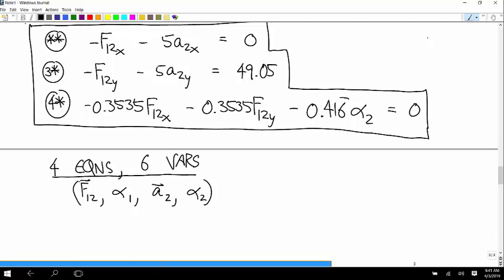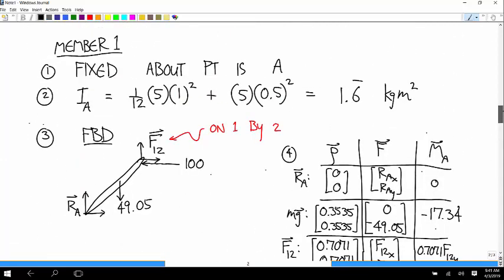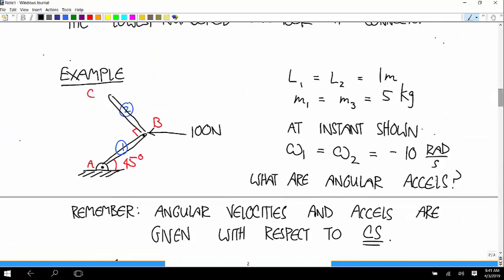Well, the way it's always going to work out is how many joint constraint equations are available to us. We never have to do joint constraints at ones that are fixed. So even though there are 2 joints, this is the only one that's useful to us.